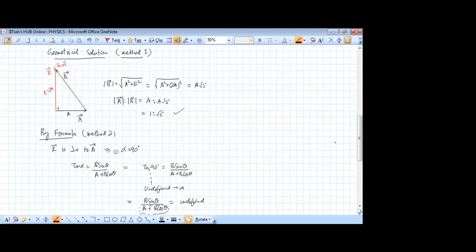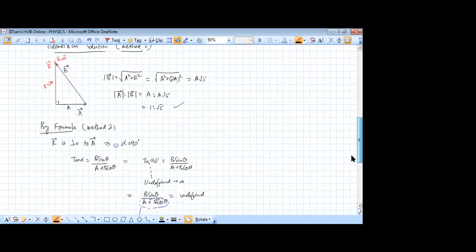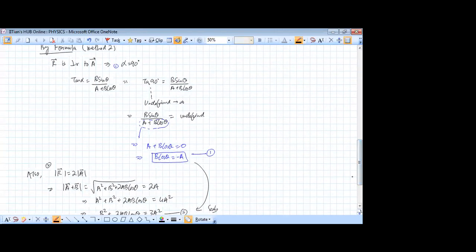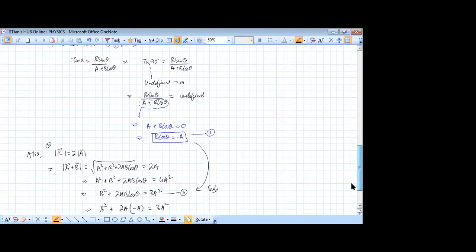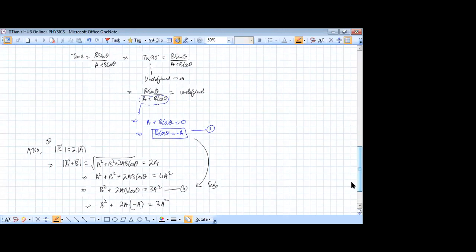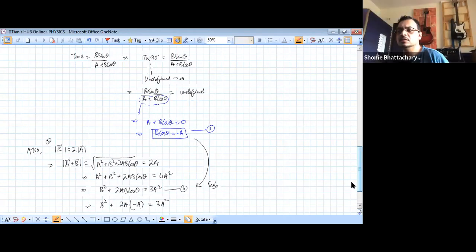Okay, so go through the whole thing of the formula-based method. So two equations you are getting from two informations. So थोड़ा lengthy हो जाता है formula-based method, which is why I told you that here the geometrical method is easier.